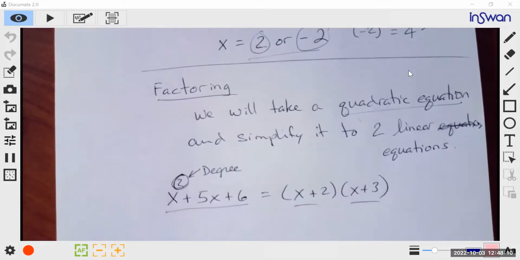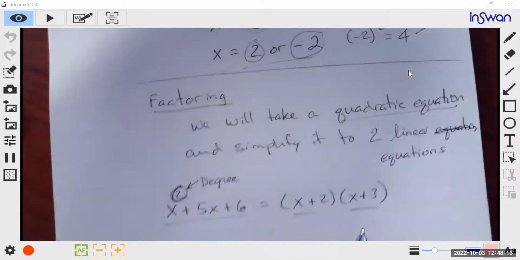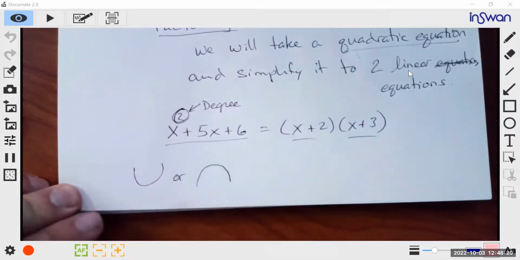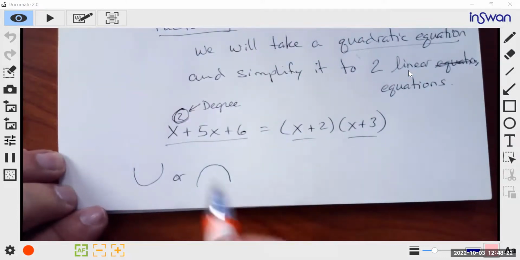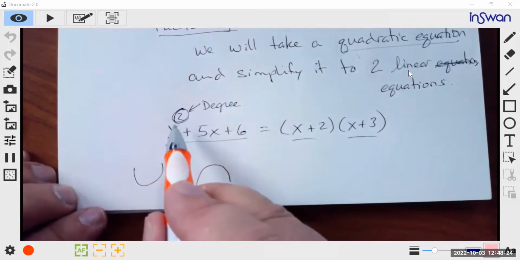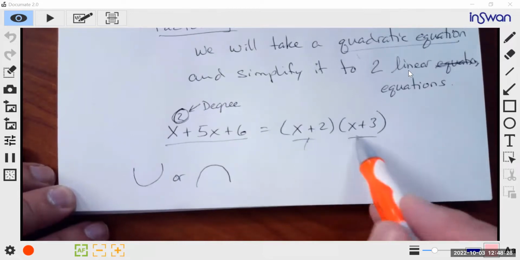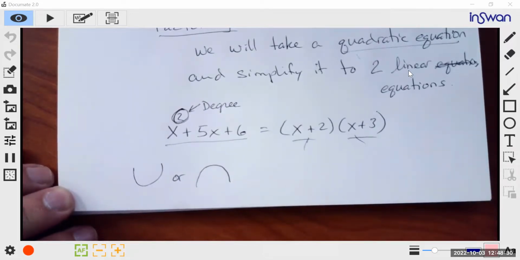It tells us the shape of the curve. It's squared, so we know it's a parabola, either like this or like this. It tells us that we can have at most 2 real answers. Here are 2 answers. So it tells us a lot.